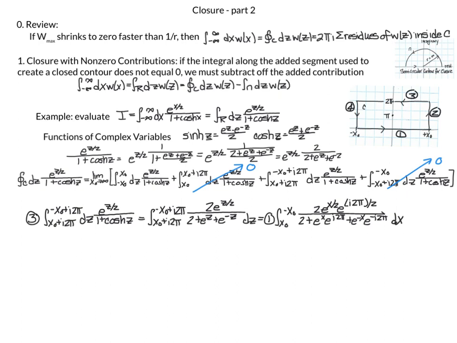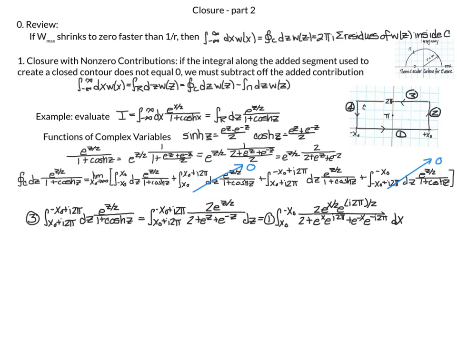Next, I'm going to do the third path, that's along the top here. We'll see that it's equal to the bottom path, but the third path goes from x naught plus 2 pi i to minus x naught plus 2 pi i, and then our integrand. Again, I substitute this formula here, the exponential form of cosh, into our integrand.